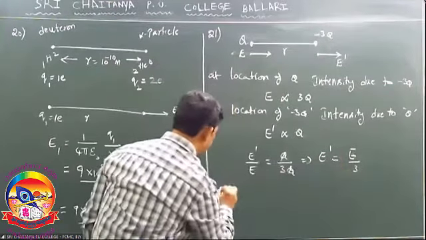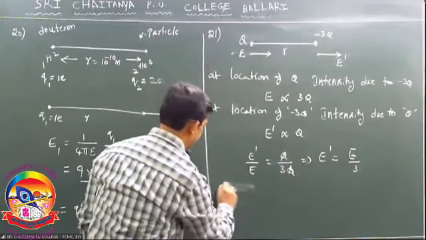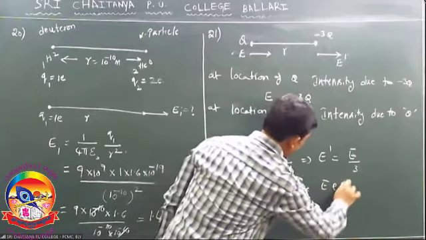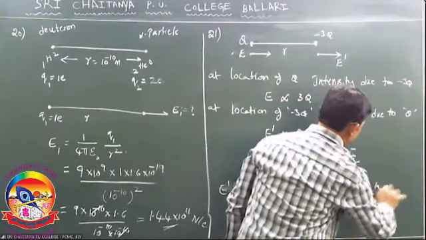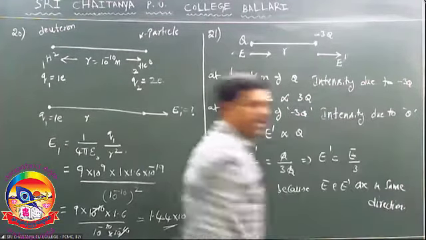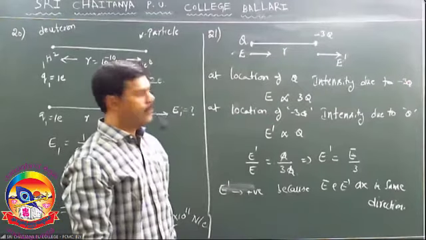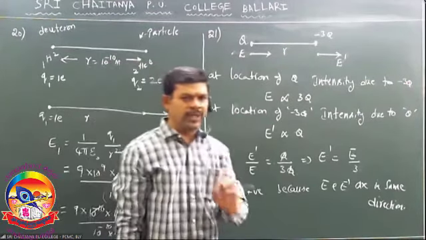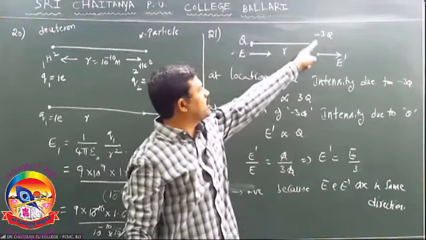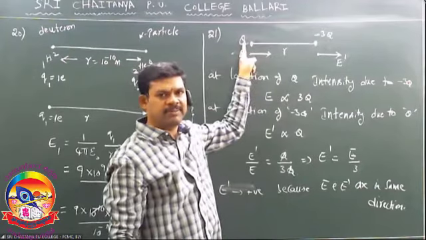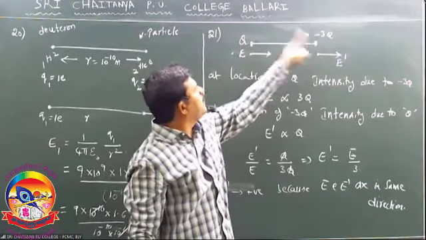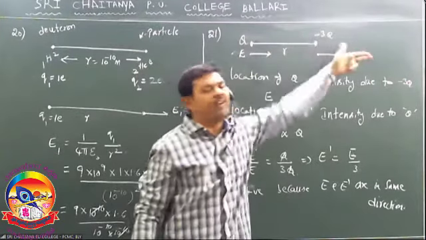This is positive, E dash is positive because E and E dash are in the same direction. I hope this is clear. Right? Don't get confused while doing the problem. At the location of Q, field is due to the other charge. At the location of minus 3Q, field is due to this charge. This one is negative, so towards it, and as this is positive, away.